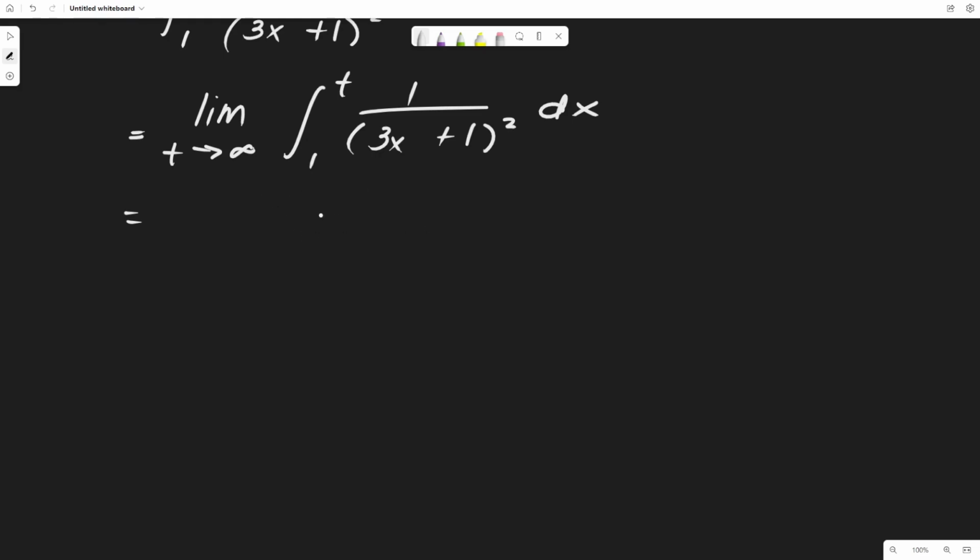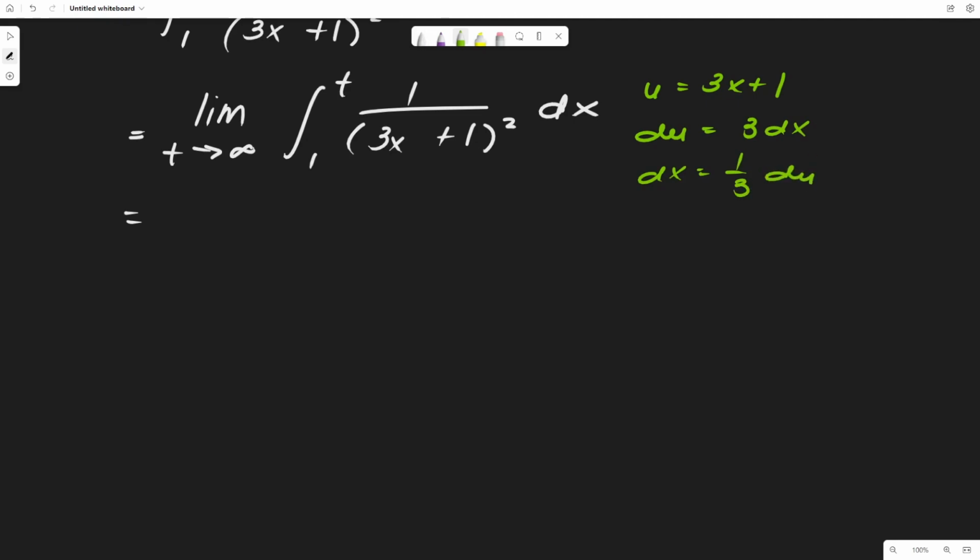Here we use u-substitution. u is equal to 3x plus 1, du is equal to 3dx. Therefore, dx is equal to 1 over 3 du.